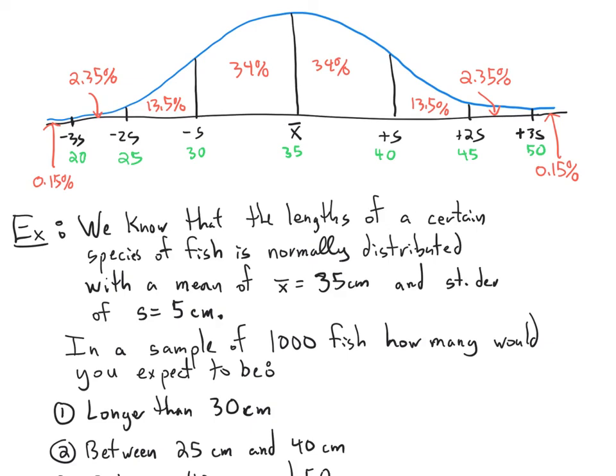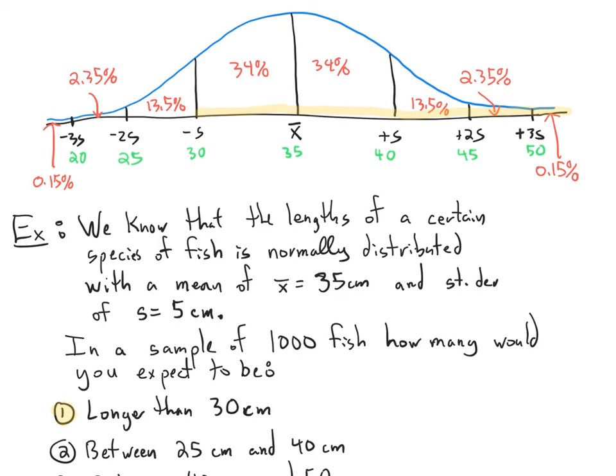So, let's do part 1. Part 1 says longer than 30 centimeters. So I'll do it in a few colors here. Let's do yellow for the first one. I'll just highlight it. Okay. So longer than 30 centimeters, that goes from 30 all the way this way. And I'll just put one line here to indicate that.